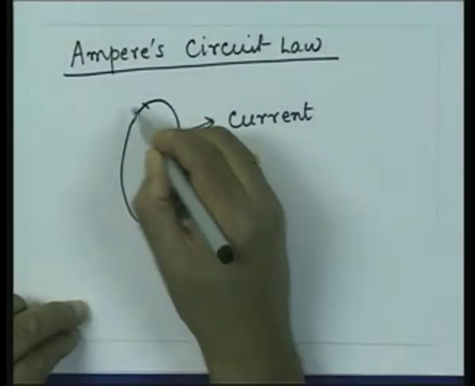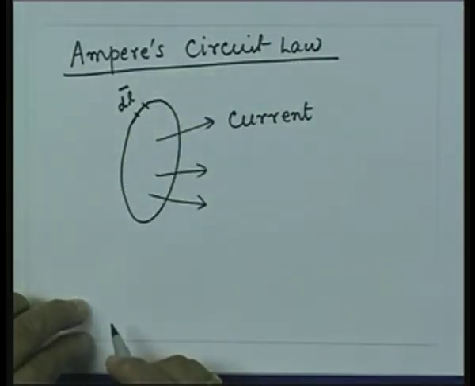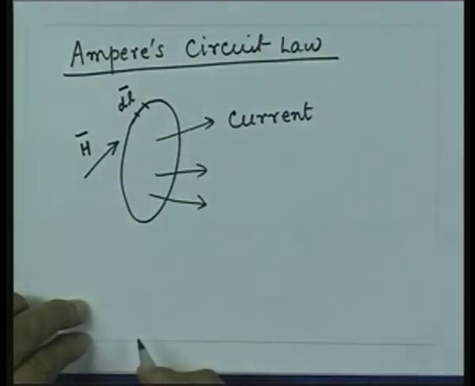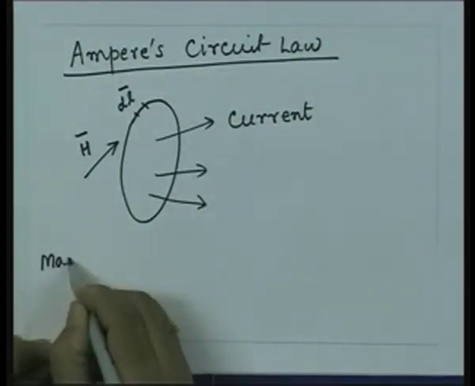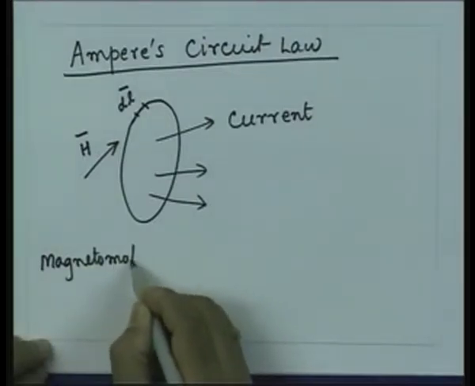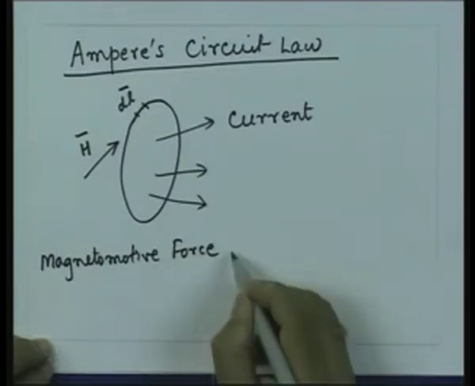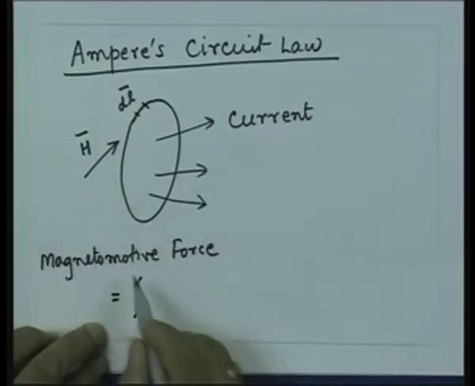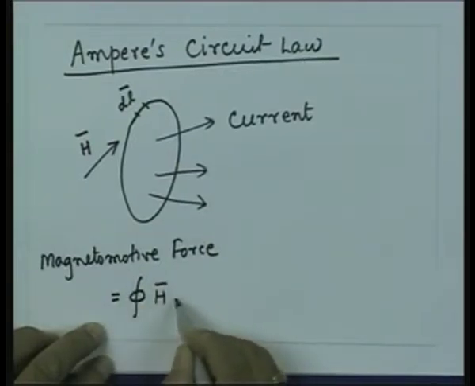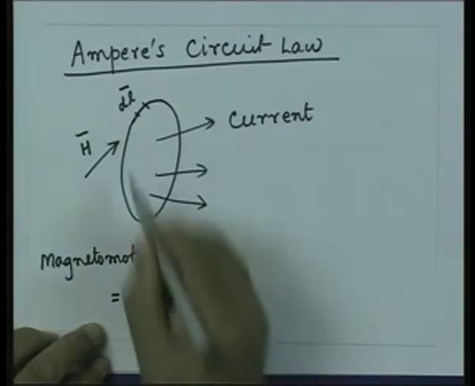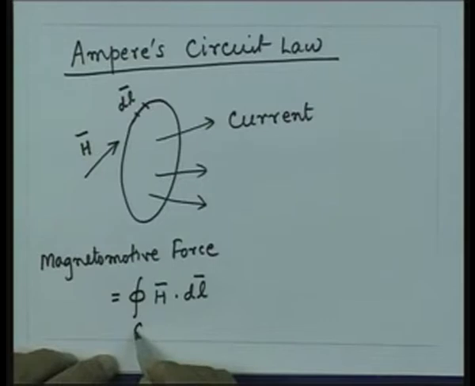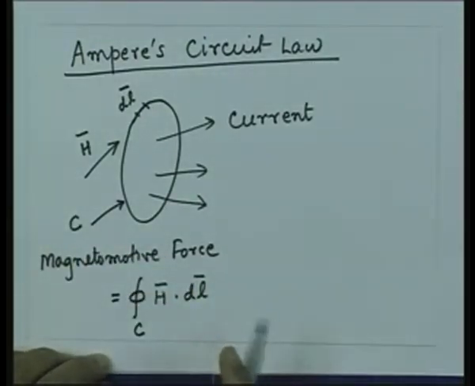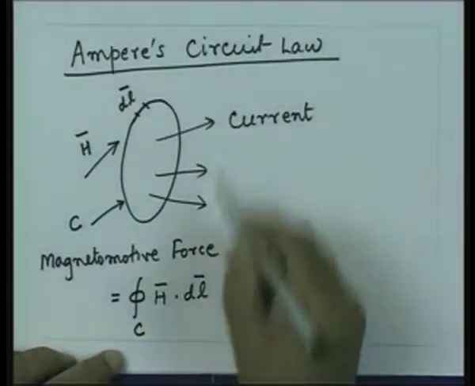So, if I say that the element on this path is given by some dl, and I have some magnetic field in this region, let us say H, the magnetomotive force is equal to the line integral of H dot dl over this closed path, over this contour C. This quantity is equal to the total current enclosed by this loop.